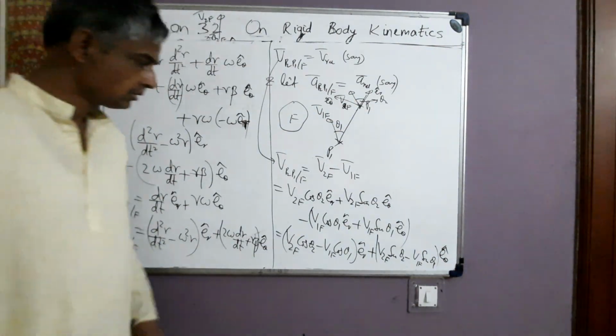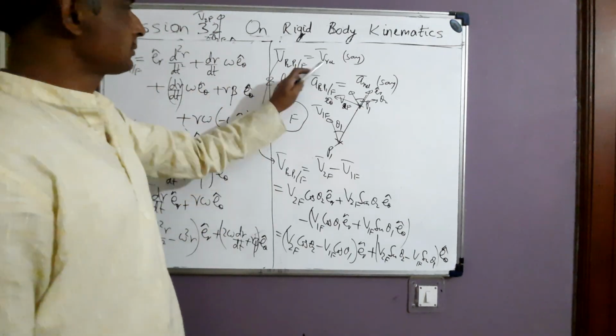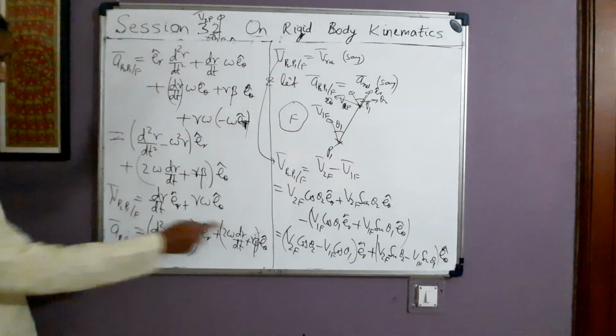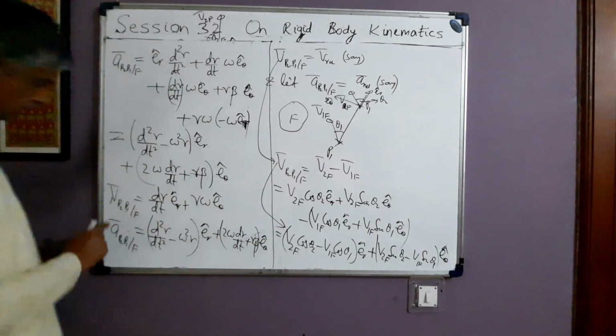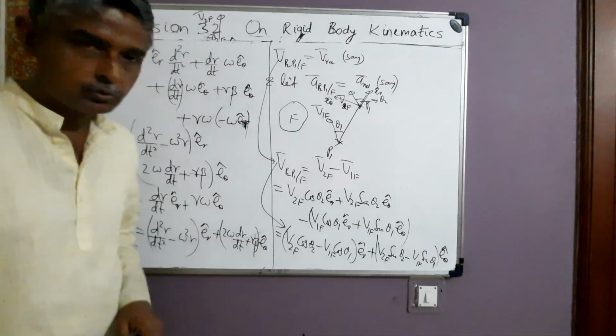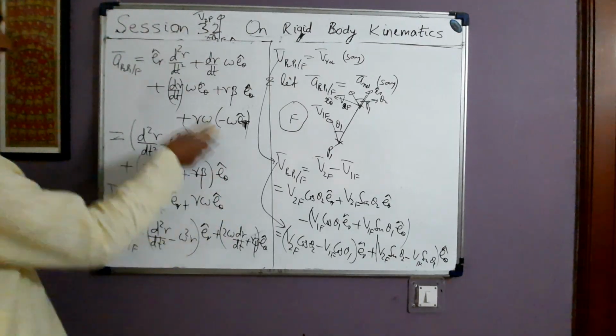Is it alright? So this term is equal to this, and this term is equal to this one. This and this are identical, you can say. They are the same equation. This is Vp2 P1F and this is Vp2 P1F. They are both the same.